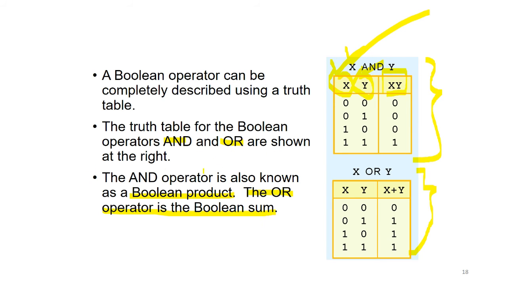So the AND operator works as a product, and this OR works as a sum. When we are doing the AND operation, as you can see, there are two inputs, x and y.